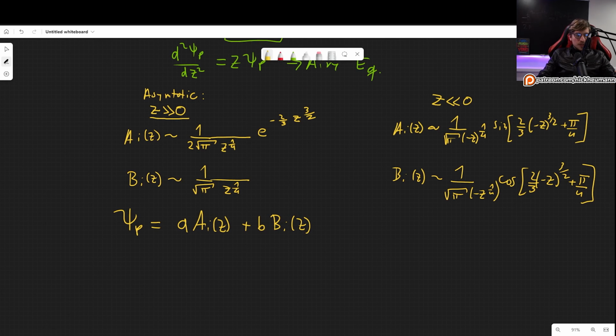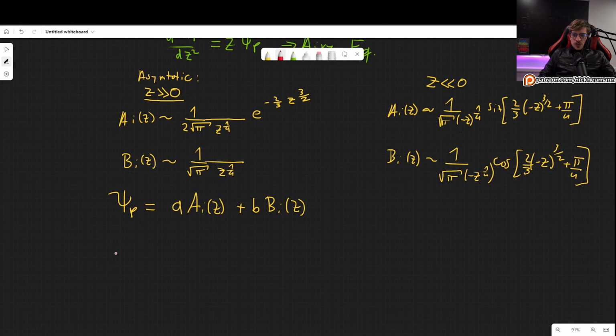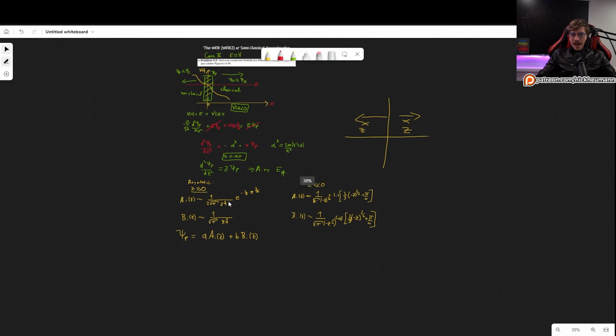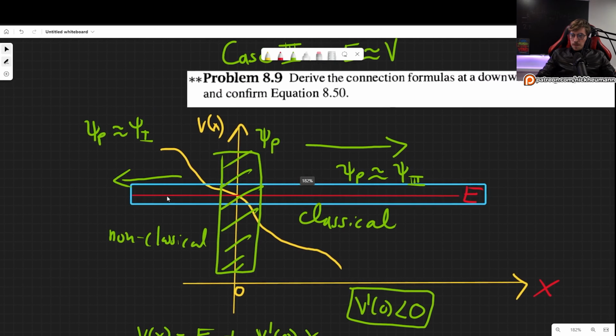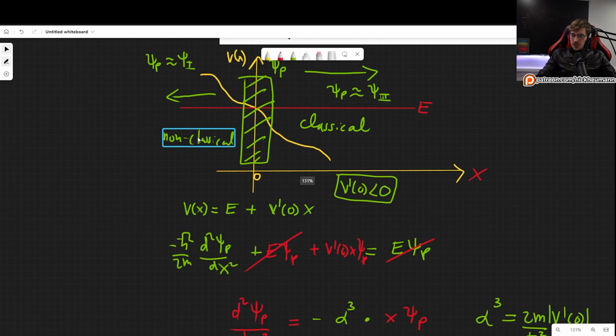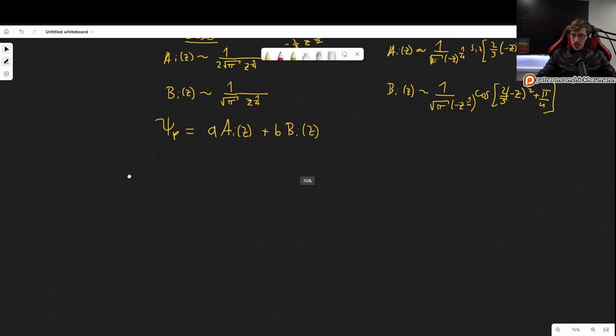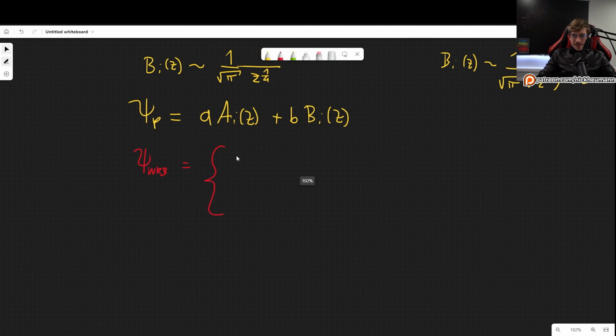Now what we want to do is patch them together with the solutions for the classical and the non-classical regions. So what was our wave function? Let's begin with the non-classical region, and write down what WKB theory tells us.